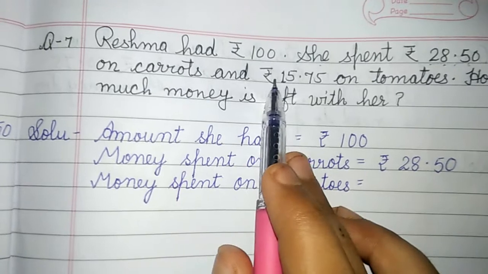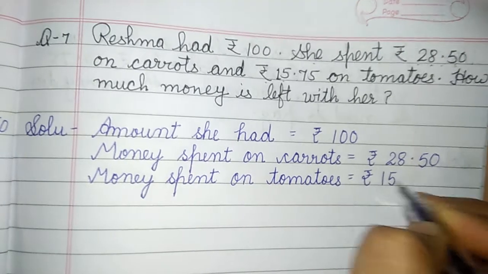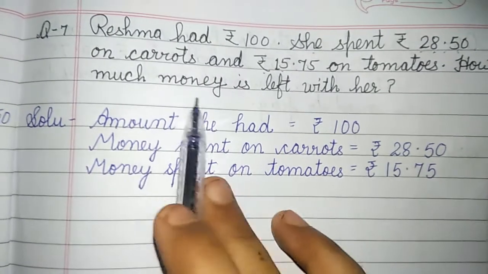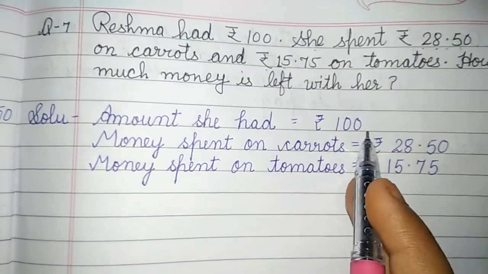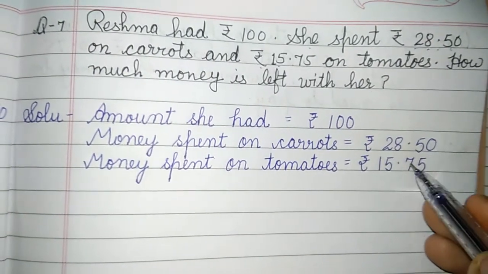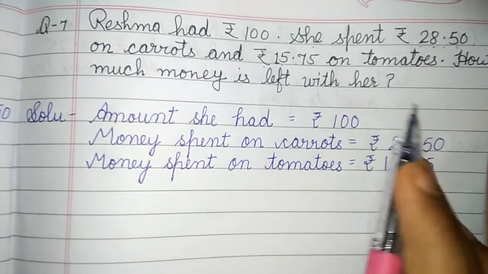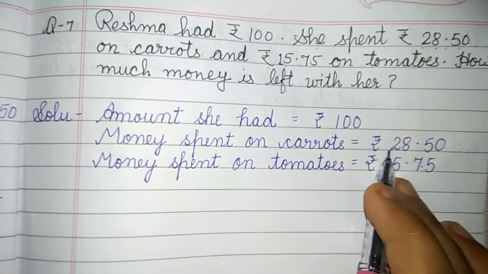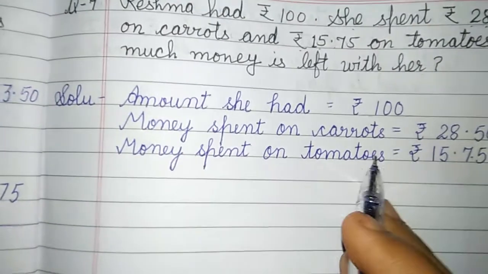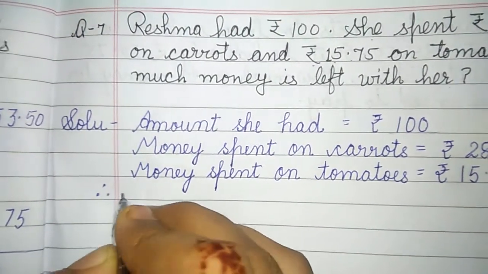How much? Rupees 15.75, 15 rupees 75 paise. Now we have to find out how much money she has left. So for this we first add both amounts that she has spent. Clear? After that, the answer that comes after adding both amounts, we will subtract from the 100 rupees. Clear? So we will write here, therefore, money left with her.